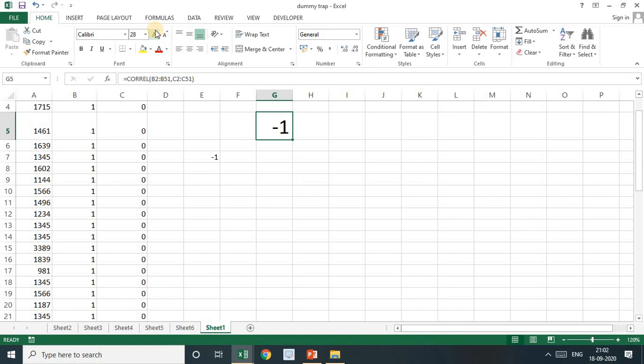There is perfect correlation. You remember the assumptions of OLS, the last assumption, no multicollinearity. That means in a multiple regression model, 2 or more independent variables should not be linearly correlated. That assumption is violated here, and because of this we are not getting the OLS result.